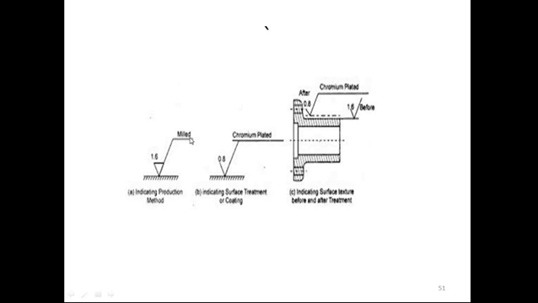Just above this triangle I have written 1.6. This 1.6 means Ra value. So the surface requirement is 1.6 Ra value, and the operation required is milling on this surface.